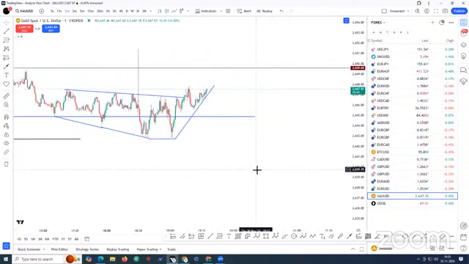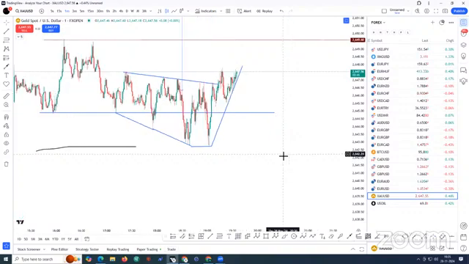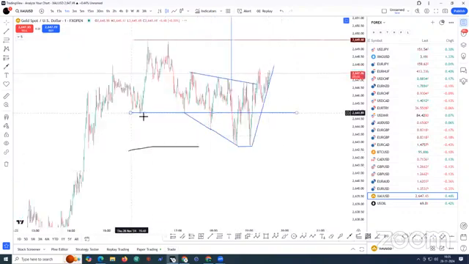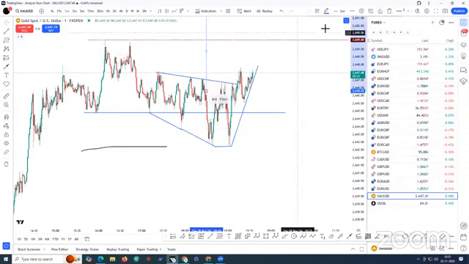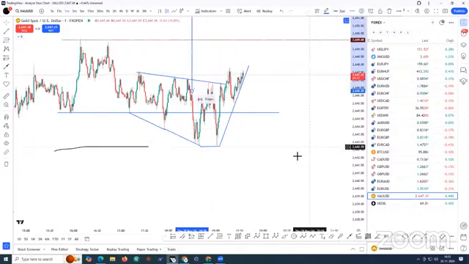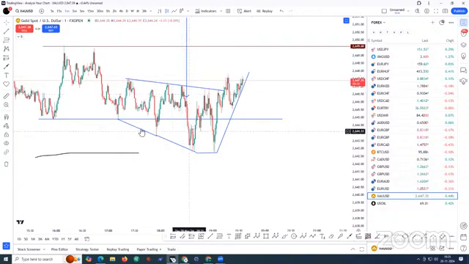Okay. Any opportunity, I would like to look for the sell because of this particular red candle here at this particular point. A normal, smaller change of character has happened. So I would like to sell here.